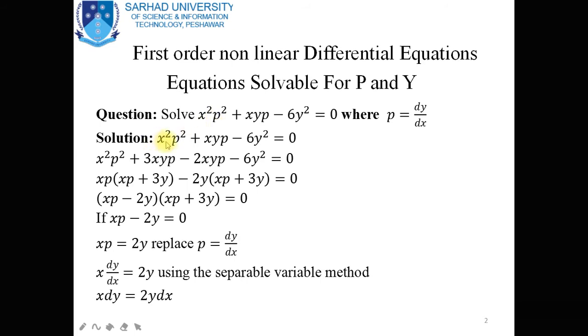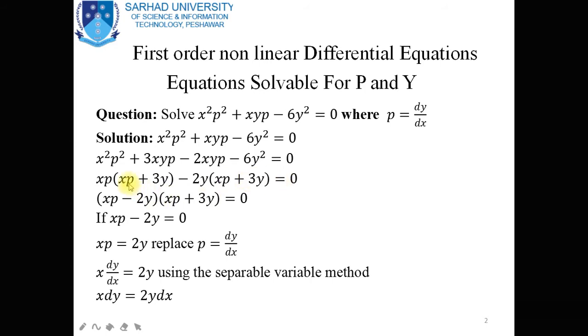By factorization, x square p square plus xyp minus 6y square is equal to 0 becomes, by sum and product, x square p square plus 3xyp minus 2xyp minus 6y square is equal to 0. Taking common xp from the first two terms, xp into xp plus 3y, and taking common minus 2y from the last two terms, minus 2y into xp plus 3y is equal to 0.